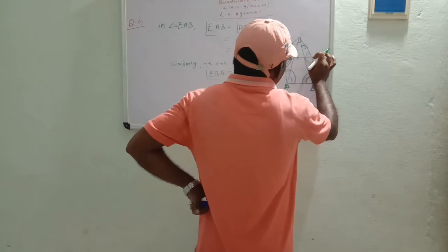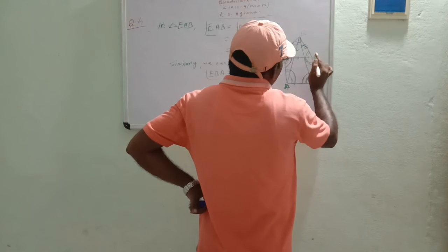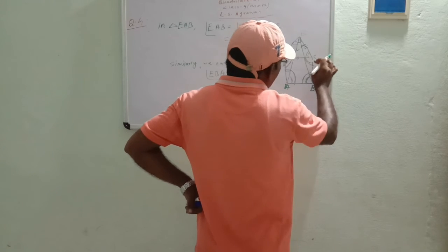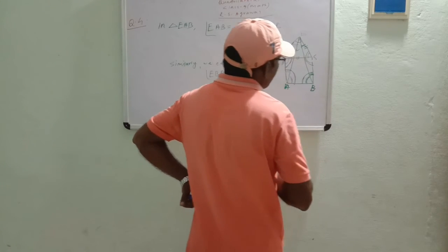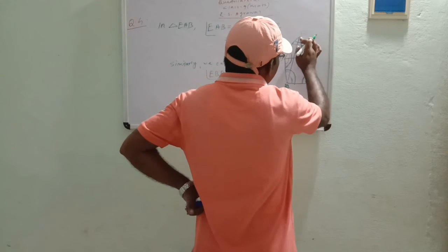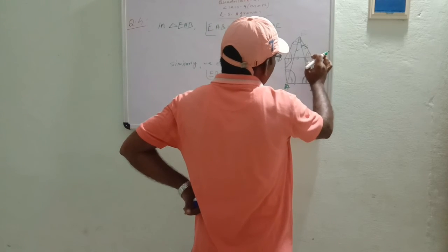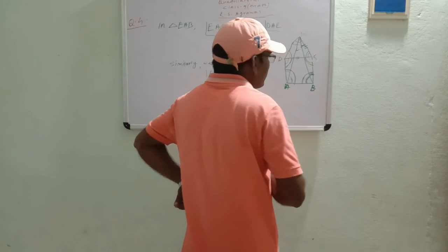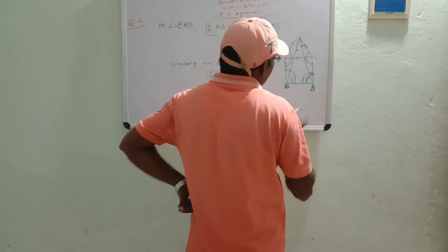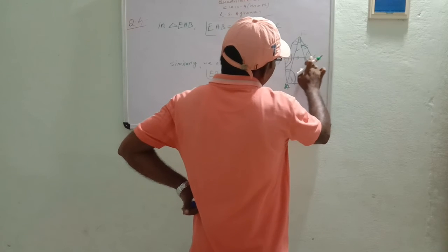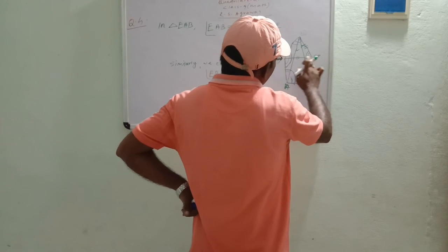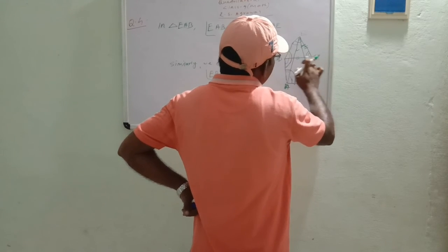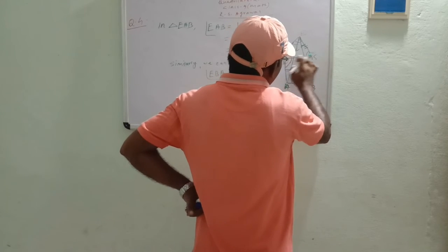But in triangle EBC, CE equal to CB. Why? CE is the side of the equilateral triangle, CB is the side of the square, but you know that one of the sides, that is DC, of the equilateral triangle is also a side of the square.